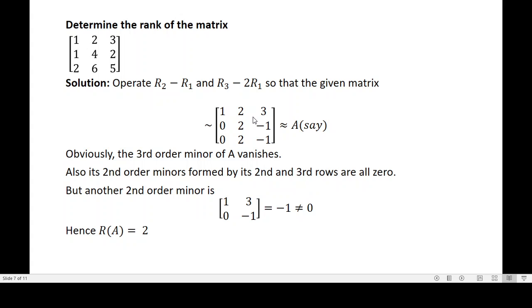But we find another second order minor, 1, 3, 0, minus 1, which is equal to minus 1, which is non-zero. So we have a non-zero minor of order 2.